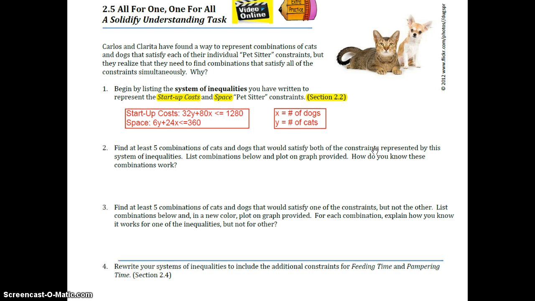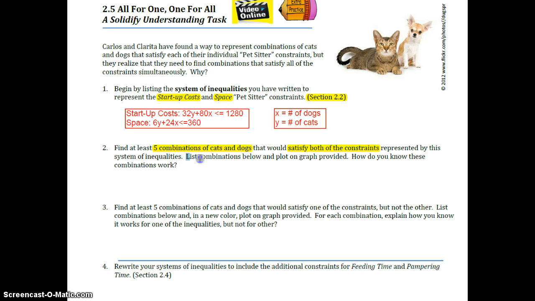The first thing I'm going to ask you to do here is find at least 5 combinations of cats and dogs that would satisfy both of the constraints. It's got to work for both startup costs and space.